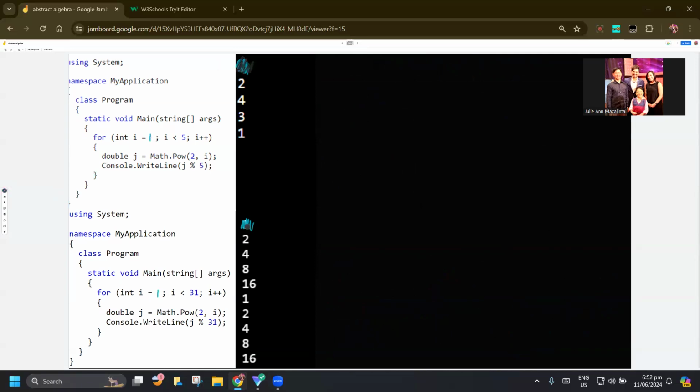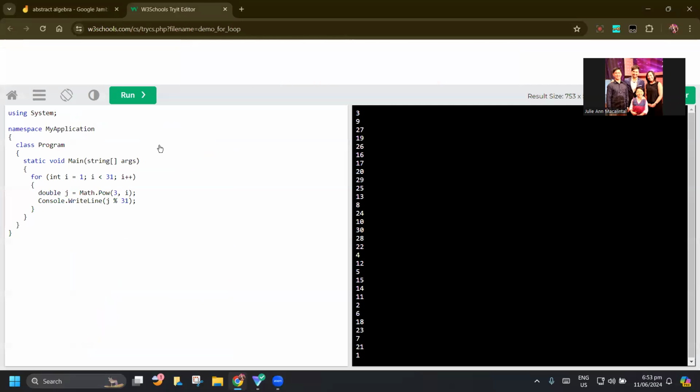This doesn't exist. So this would be the results. Apparently for 5, as seen in the written example, it does generate the whole set. 2 generates the whole set: 2, 4, 3, 1. But 31 does not. In fact, 7 does not.